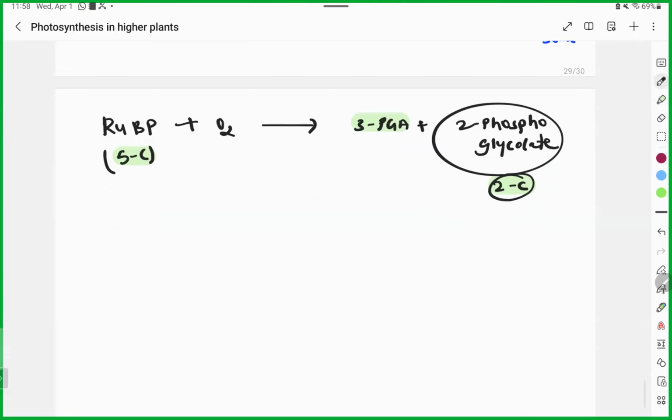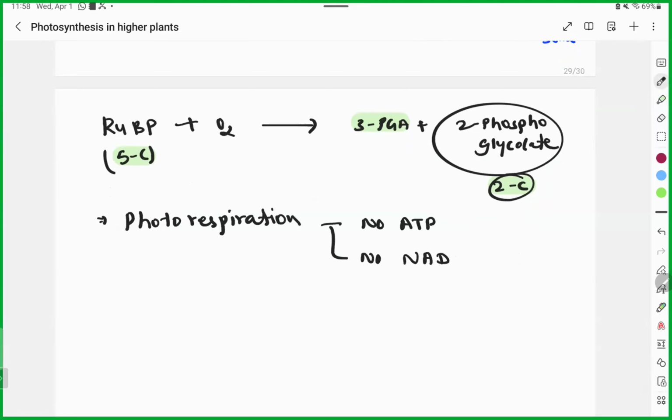Second, this is a waste process. Why is photorespiration a waste process? Because no ATP is produced, no NADPH is produced, no food is produced.